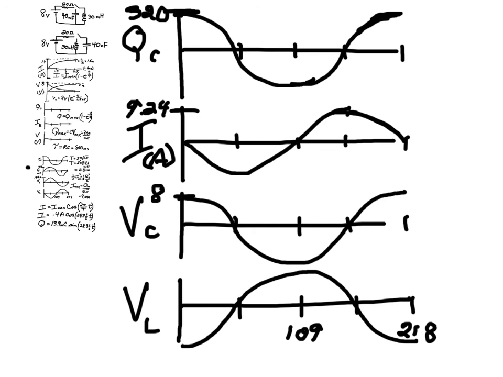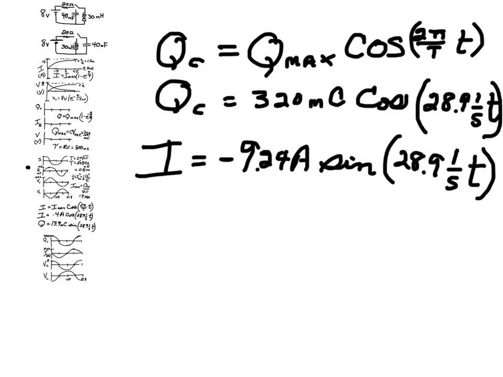And the last step, I'll just do it quickly, is write these equations. You should be able to do that, but I'll do 2 of them for you. All right, finishing up, here are the first 2 graphs. There's Q on the capacitor equals Q max cosine of 2 pi t over T, or omega t.